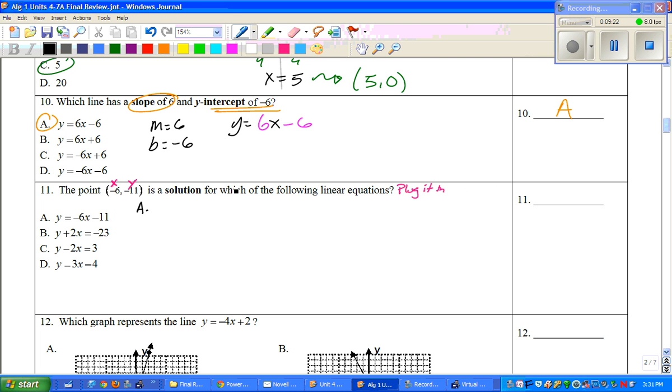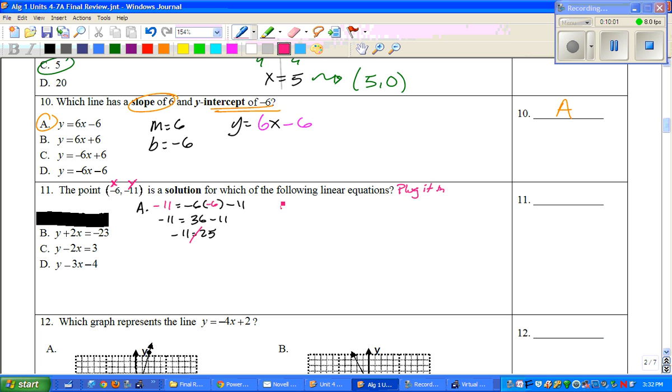So here's A. We have negative 11 equals negative 6 minus 11, and we're plugging in negative 6. Negative 6 times 6 is 36, and 36 minus 11 is 25. Are those equal? No. So we know it is not A.